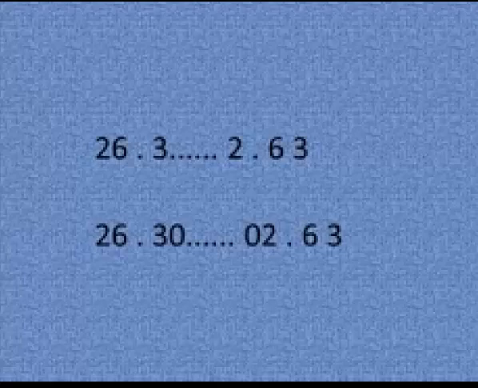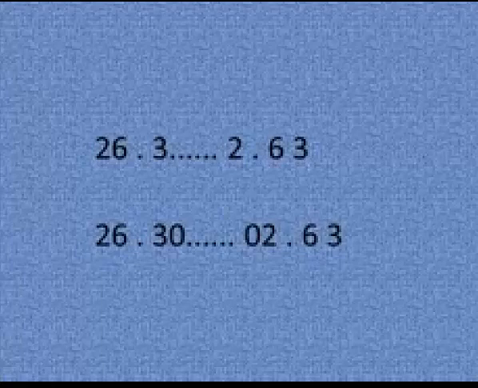26.3 greater than, smaller than, or equal to 2.63. Yes, we must make sure that we have the same number of digits in the decimal part. Here we have 3, but on the other we have 63, so I will put 0 on the right hand side of 3. We have 26.30 and we have 2.63.